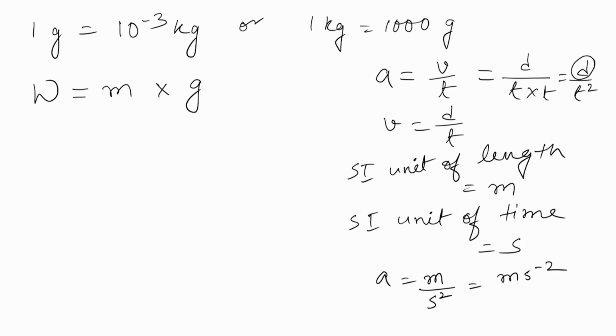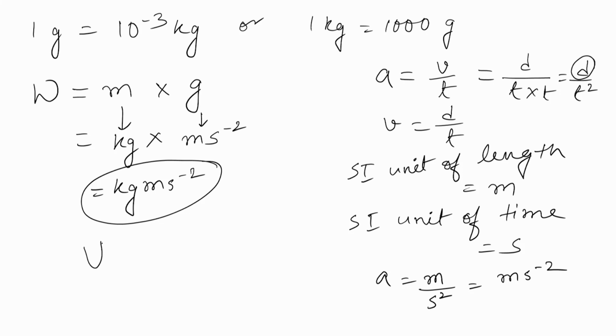Since g is acceleration due to gravity, g will have the same unit as acceleration. So we have the unit of mass as kg and the unit of g as meter second to the power minus 2. So the unit of weight is kg meter into second to the power minus 2. So this is the unit of force.